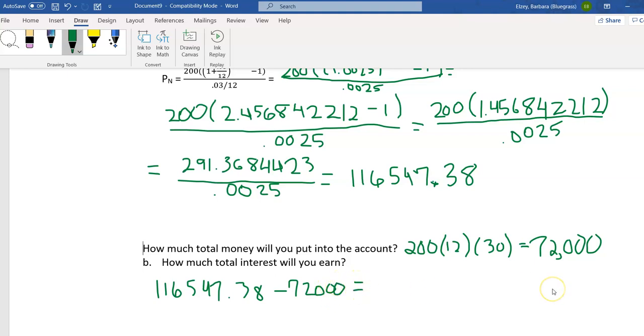And I'll stick that into the calculator. And the interest we earned was $44,547.38.